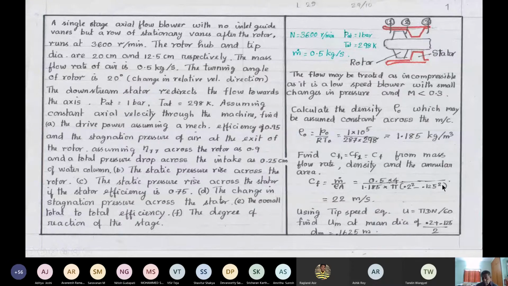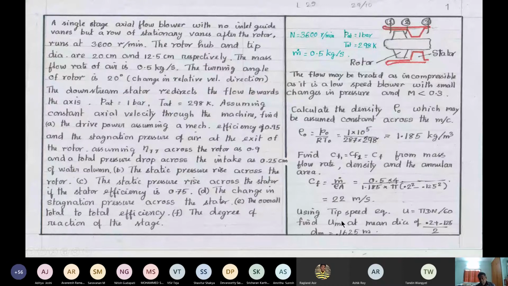So very low speed only. In real compressors, the CF may be 100 meters per second or even more. So this is very less. Next, we find out the tip speed using the tip speed equation, U equal to pi D N by 60.